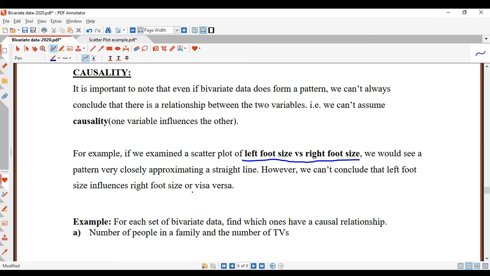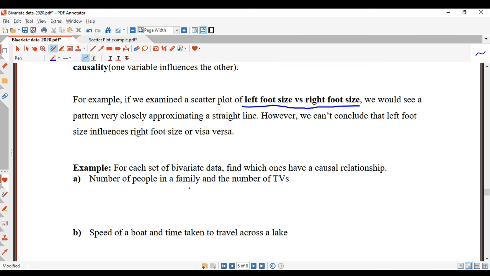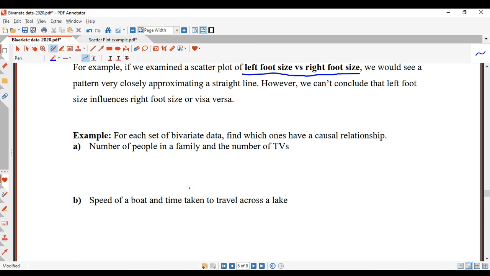So there might be a strong correlation between the variables, but it doesn't mean that one variable influences the other. So you've got to be careful there that you don't always assume causality. Okay, so let's have a look at an example. For each set of this bivariate data, find which ones have a causal relationship.